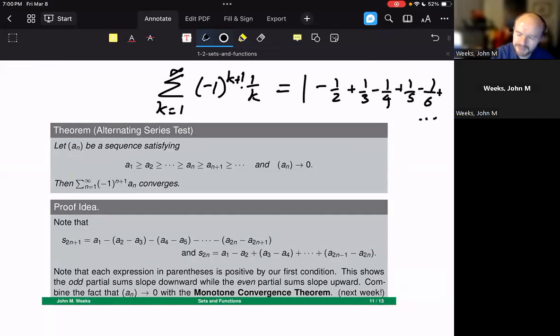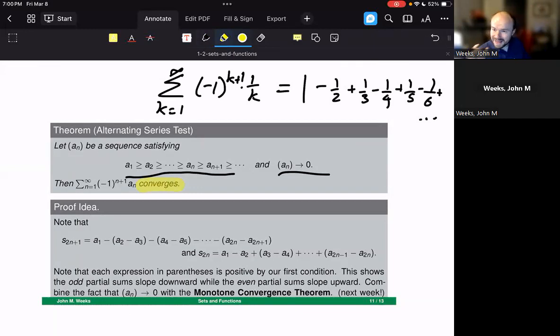This would be an example of something that would work underneath the alternating series test. Because if I look at each of these values here, 1, 1/2, 1/3, then the values are constantly getting smaller. They're also converging to 0. It turns out that those two conditions are the only ones I need to determine whether a series converges.